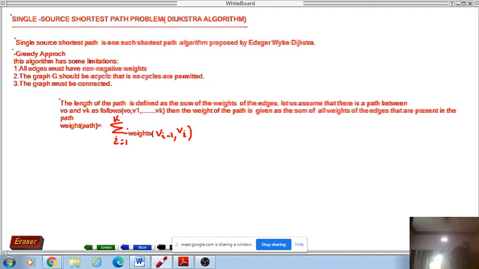This is the formula. We will use this formula for finding the path length.